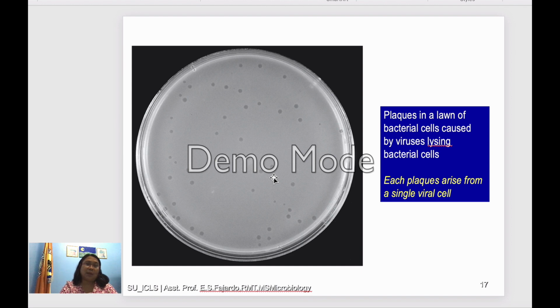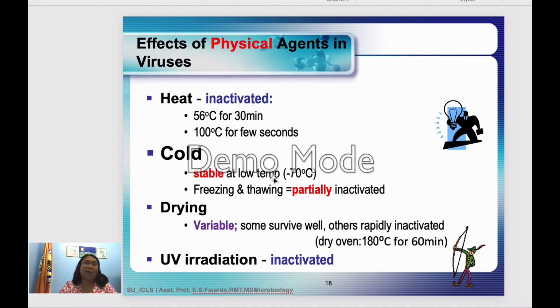The top layer of your suspension after centrifugation, your supernatant, is the one that you're going to harvest because this contains the bacteriophages that are pure. And then you can manipulate on that. You can actually increase the numbers by replating it on the same host. And that's the one that is exploited now in bacteriophage therapy.